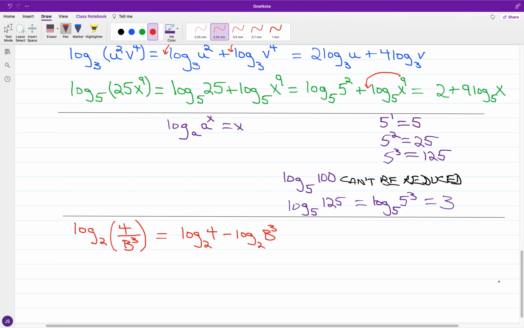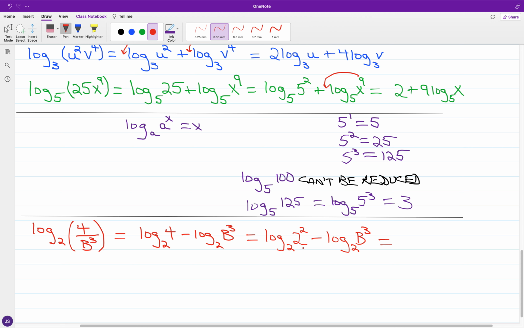Now, if you notice, we have 4 and 2. 4 is a multiple of 2, and it is also an integer power of 2. So the base 2 logarithm of 2 to the second, minus the base 2 logarithm of b to the third.